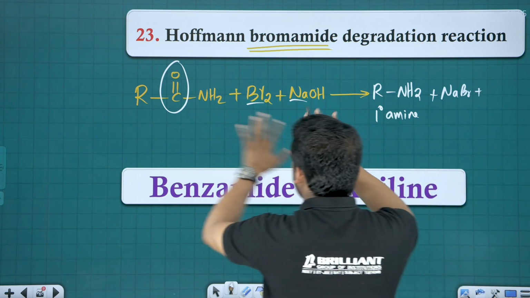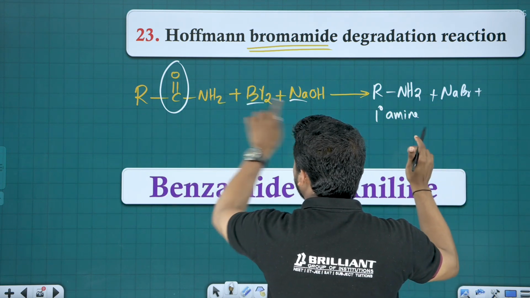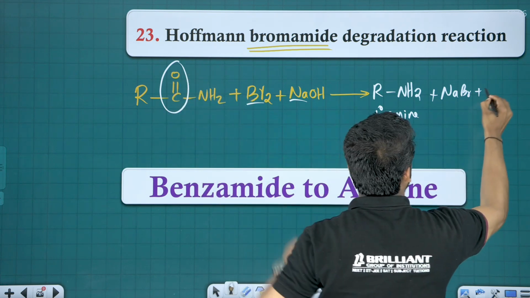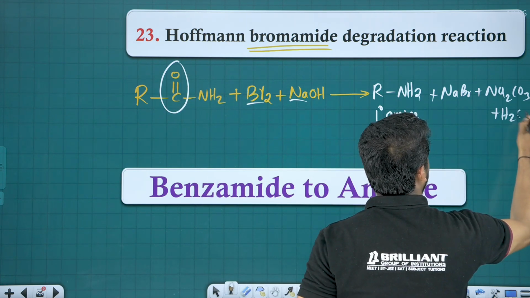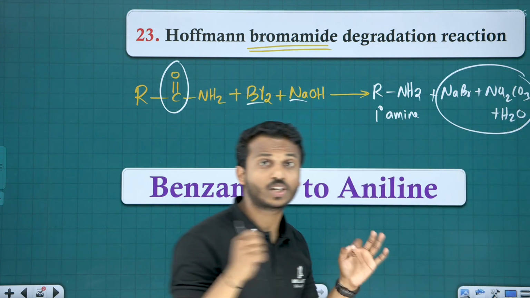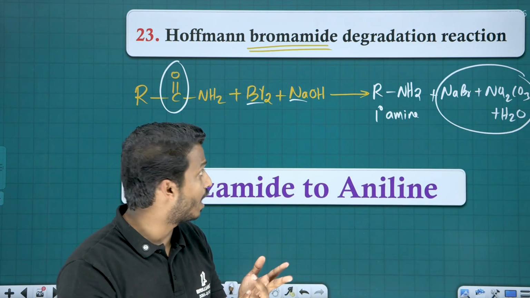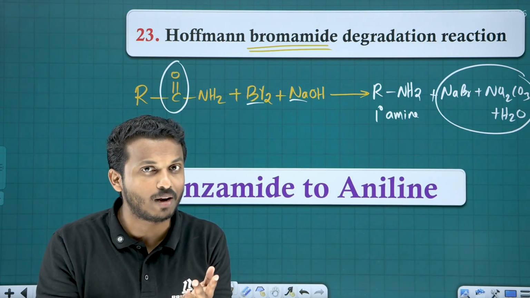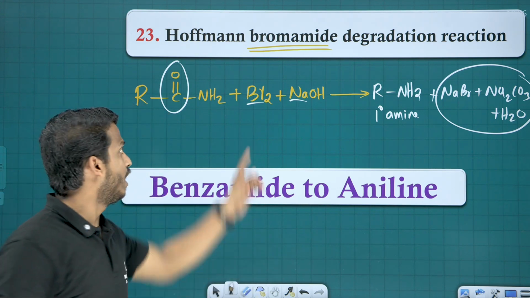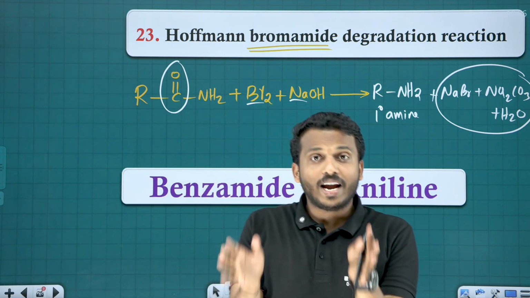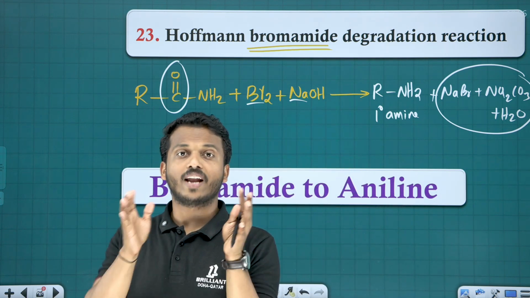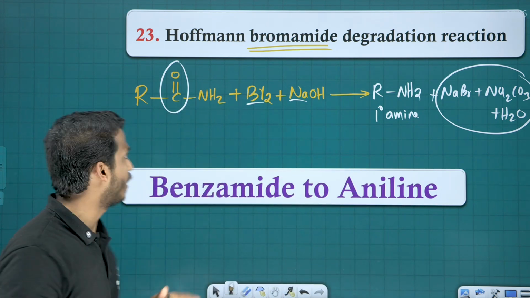The other is not balanced actually, then again Na will combine with the CO part and it will become Na2CO3 along with water. So what are the byproducts in the Hofmann reaction? NaBr will be there, Na2CO3 will be there, H2O will be there if the base is NaOH.